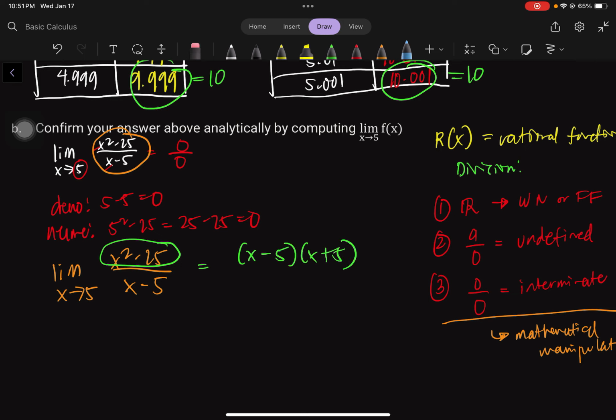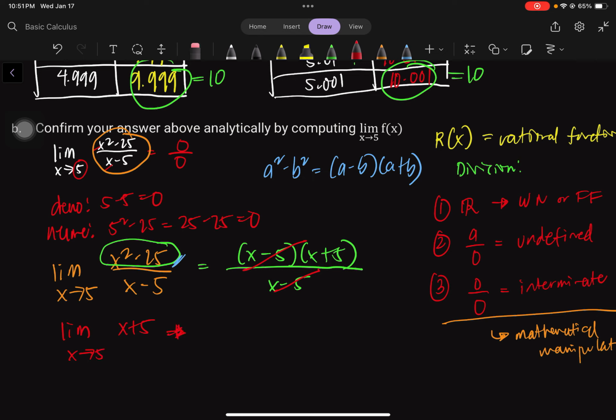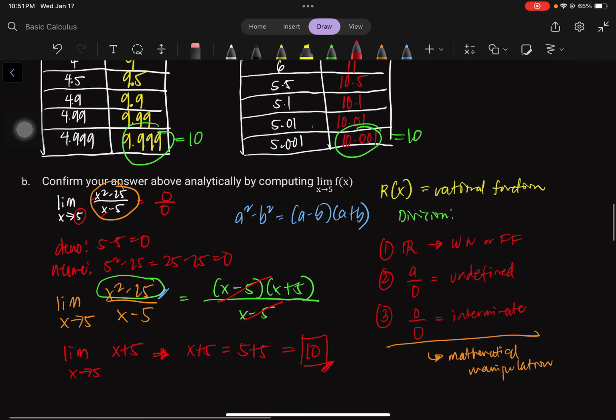If you can recall, we have the special product, the difference of perfect squares, which is like this: a squared minus b squared equals a minus b times a plus b. Then we divide both sides by x minus 5. We notice that the x minus 5 cancels. Our new equation will be the limit of x plus 5 as x approaches 5. You just substitute, so x plus 5 becomes 5 plus 5. Therefore, it equals 10. So, we can verify that our answer here is also correct.